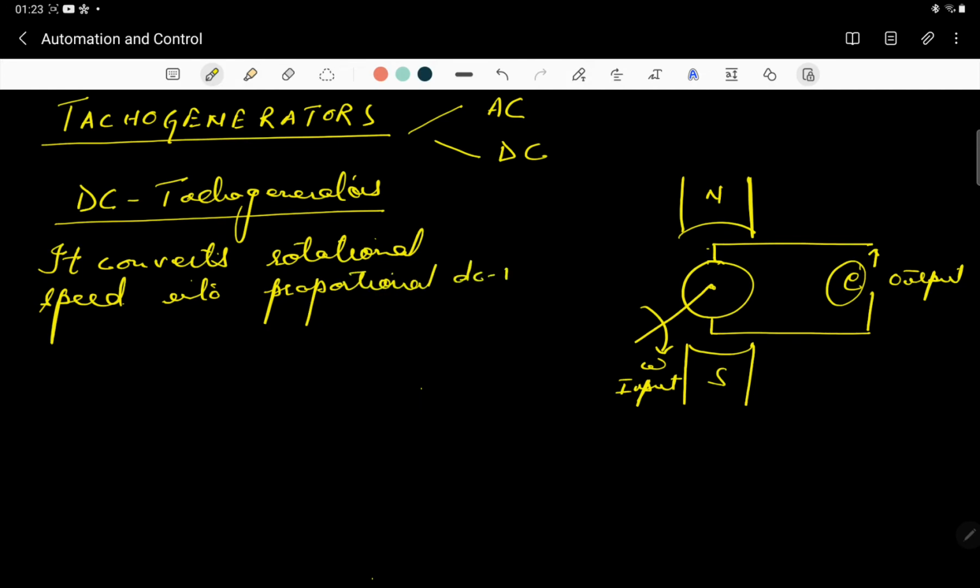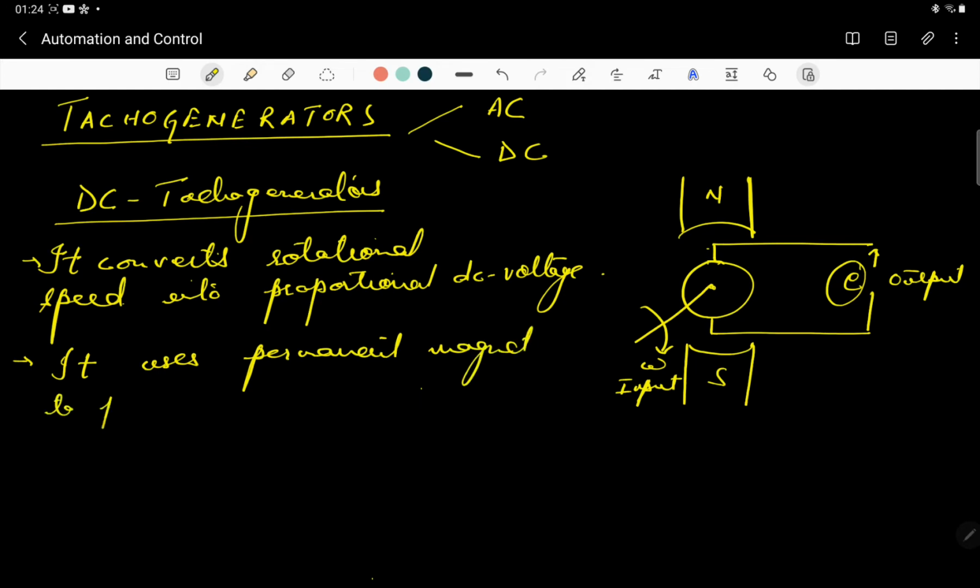So first thing is this. Second thing, it uses a permanent magnet for producing the magnetic field. So there must be magnets used for the magnetic field, and it uses a permanent magnet to produce the magnetic field.